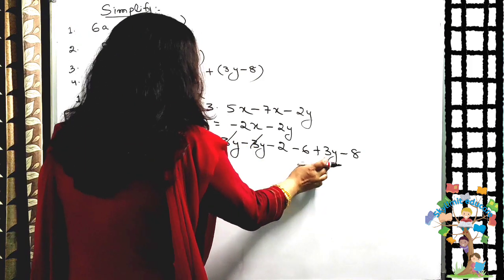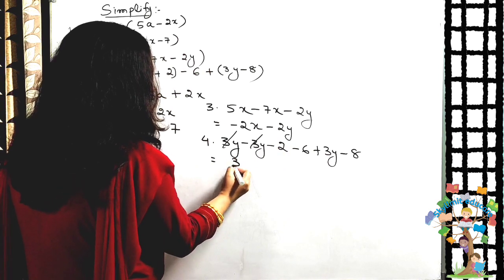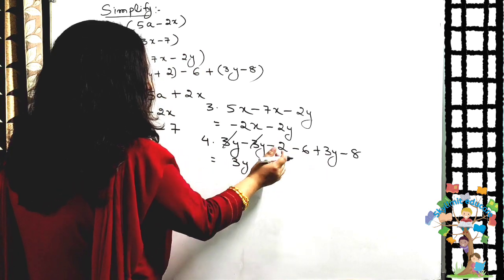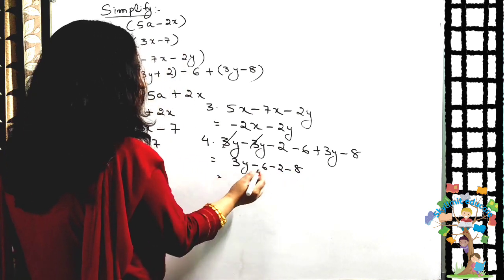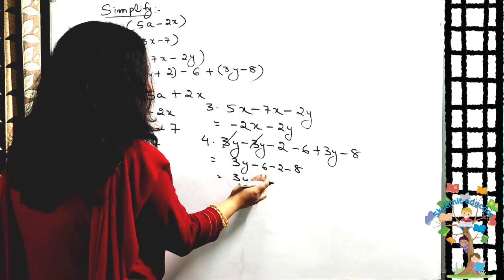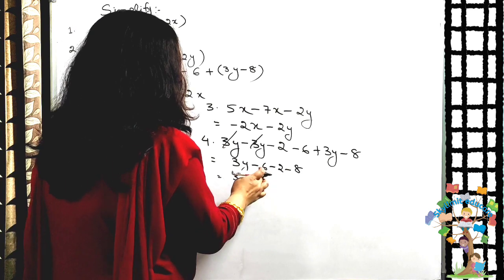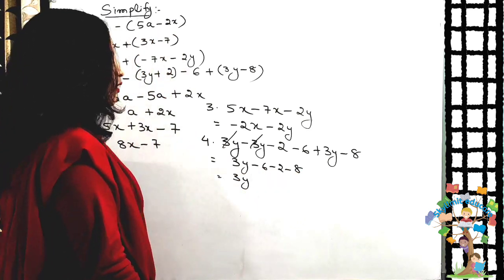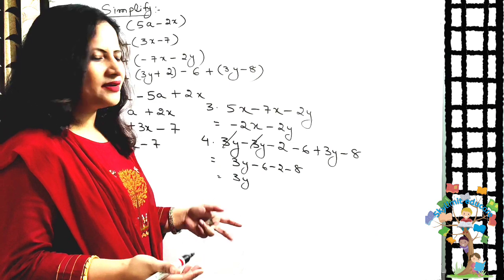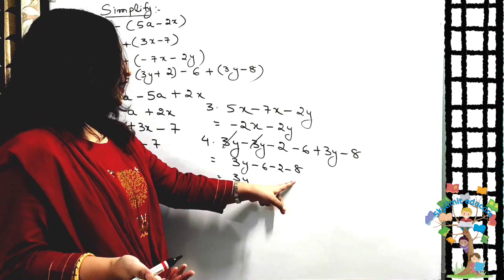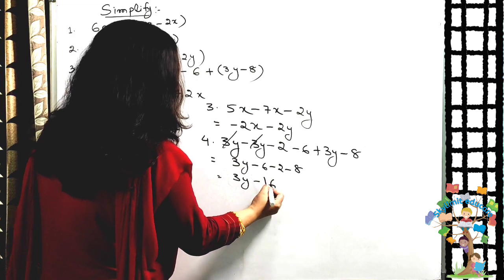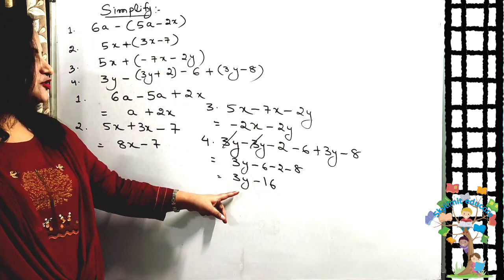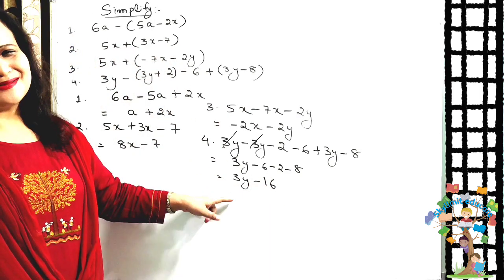So only 3y is left out from the first bracket. Then the number part is minus 6, minus 2, minus 8. You can write in any sequence, no problem. All are negative numbers carrying a minus sign. So add and give the minus sign. 8 plus 2 is 10, 10 plus 6 is 16. So add and give the minus sign. Now we cannot solve it further. This is the answer.